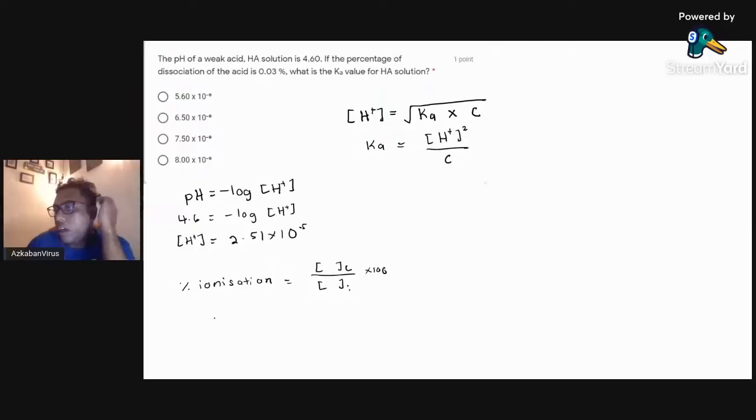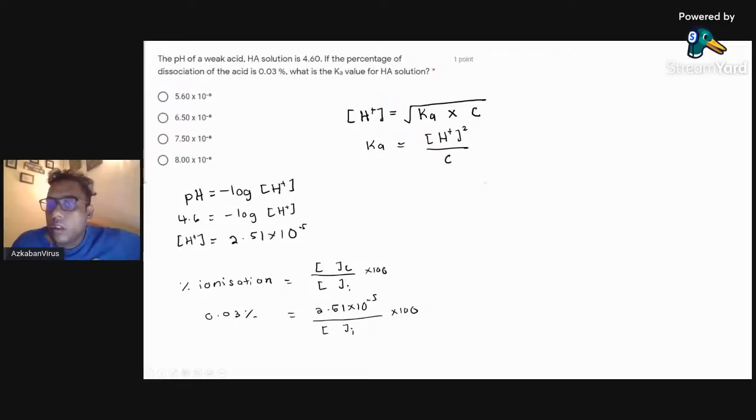So kalau ini adalah 0.3%, ini adalah 2.51 darab 10 kuasa negatif 5. Kamu faham ke cara ni? Ke kamu nak saya tunjuk cara biasa? Sebab cara ni banyak shortcut sebenarnya.